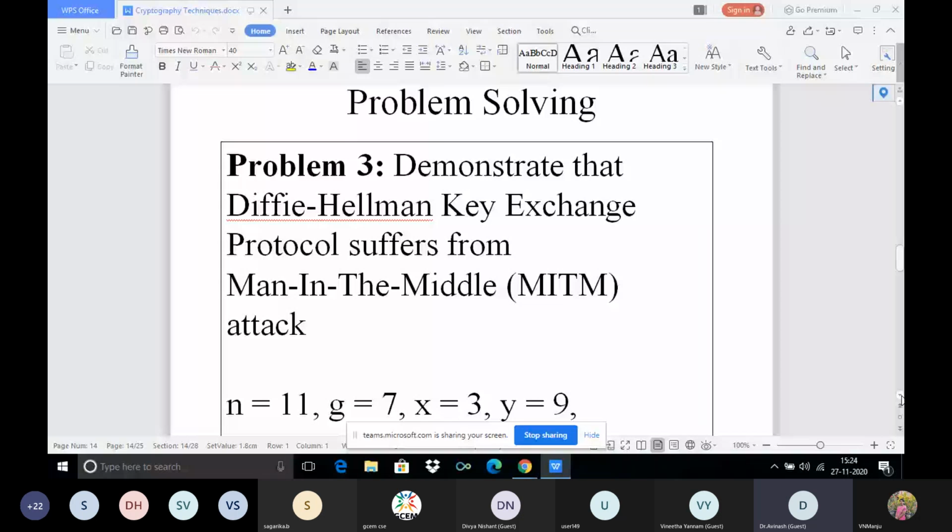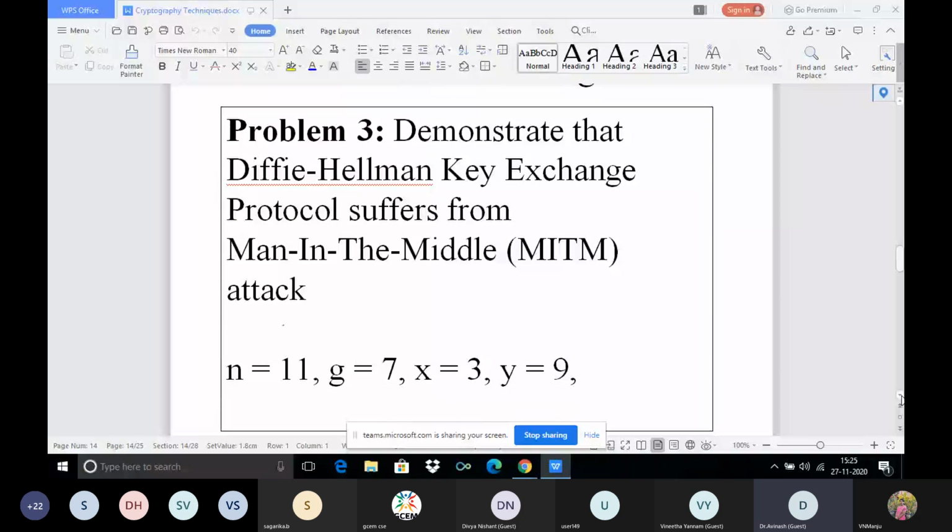Man in the middle attack means what? If the integrity of the message is lost, that is called a man in the middle attack. The example which we are discussing between Alice and Bob was the man in the middle attack, because Alice wants to send some message to Bob, but in that case some kind of integrity of the message is lost because there is some intruder who is trying to attack the message.